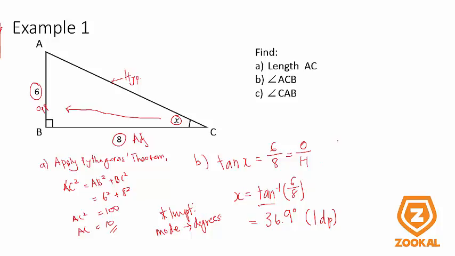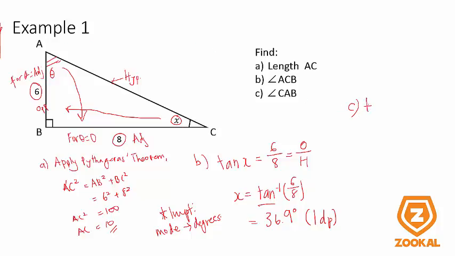For part C, CAB. CAB is this angle. I will denote it as theta. Now the opposite side of theta is 8, and the adjacent side is 6. So now we need to be flexible. For theta, again I'll use tangent.